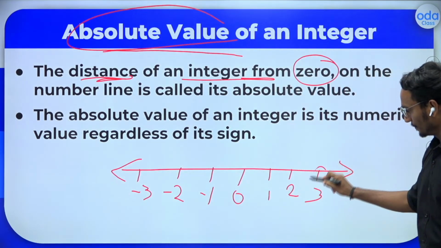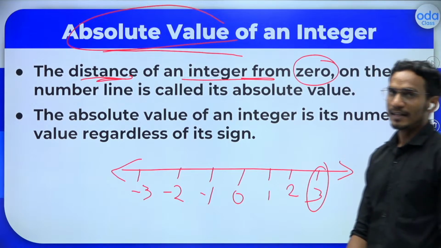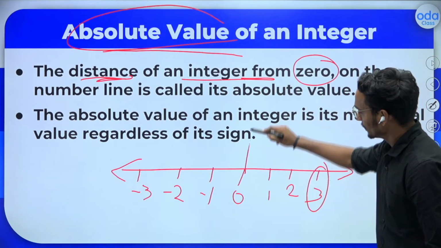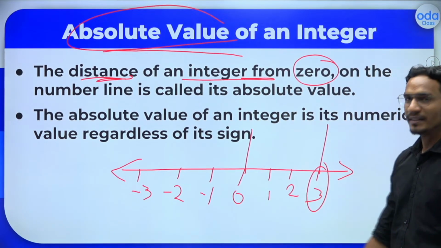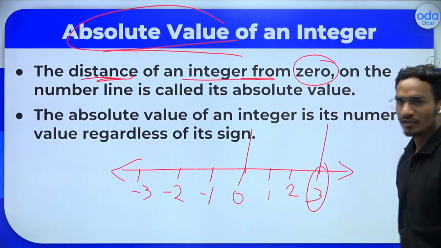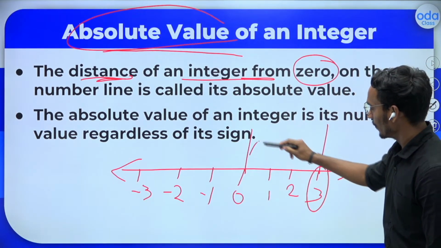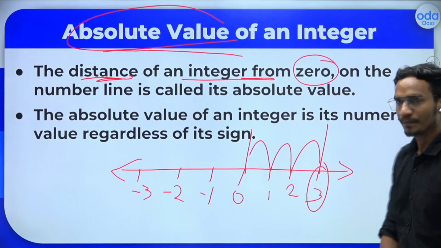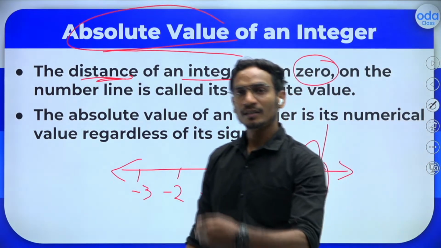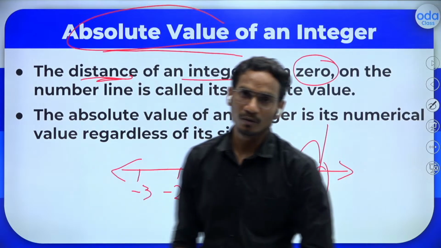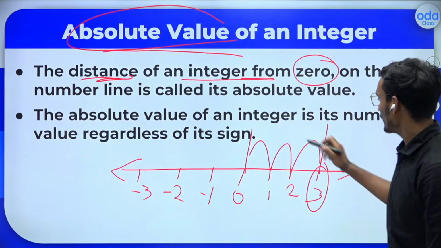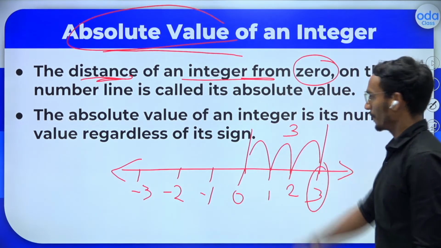Let's take this 3. This is 0. This is 3. What is the distance between 0 and 3? If you see, the distance will be like 1, 2, 3. Correct? So it is 3 points away from 0. So the absolute value of 3 will become 3.